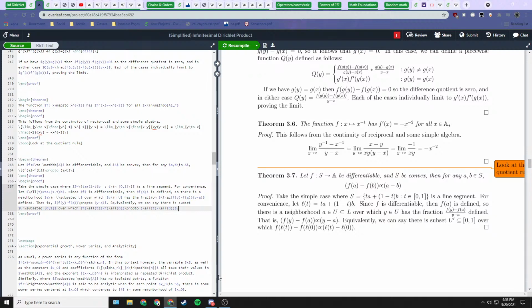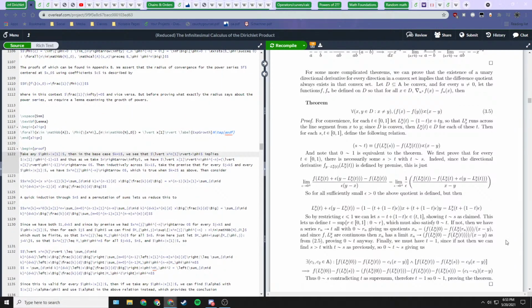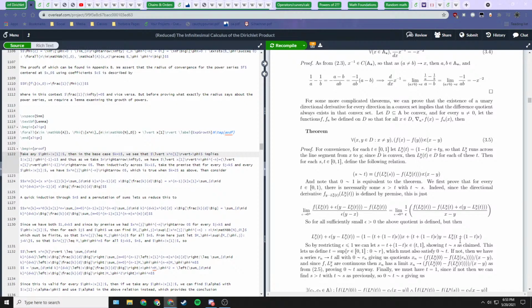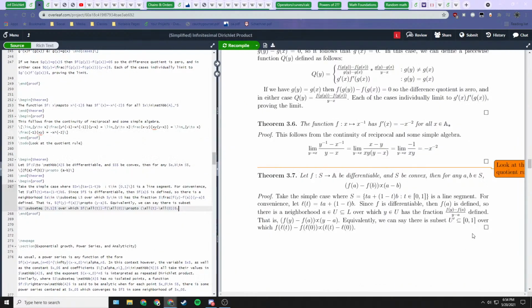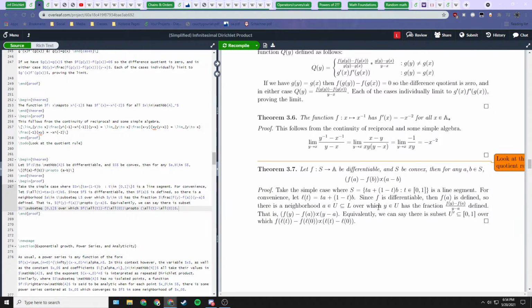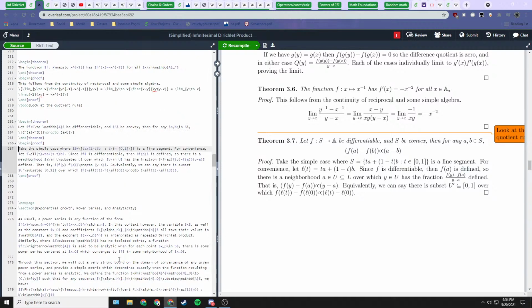I think we just want to use a connected set argument. So S is this line segment.